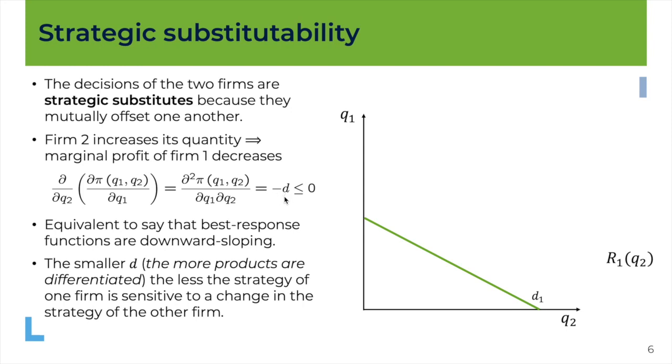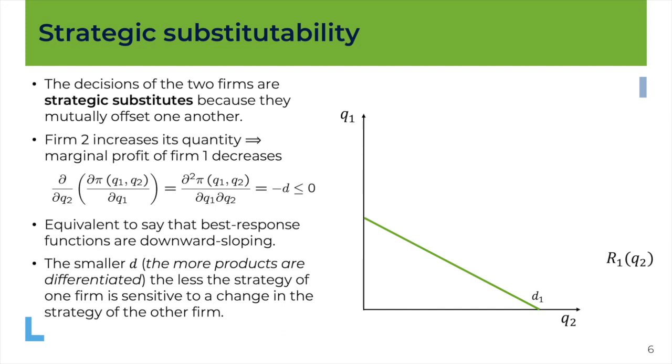So what is the intuition behind this? Again, imagine that I am firm 1, and I'm asking myself, what should I do? Which quantity should I choose for whatever quantity the other firm may choose? Now imagine that I expect the other firm to increase its quantity. So the other firm is putting a larger quantity on the market, meaning that what is remaining for me will be smaller.